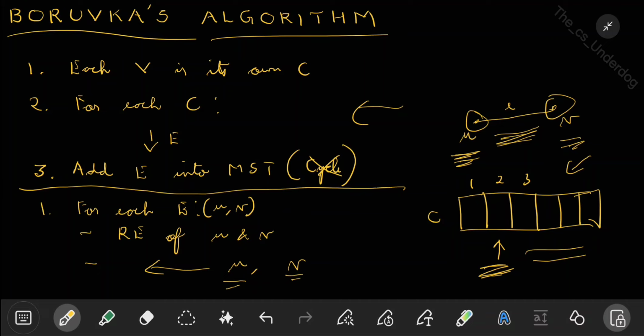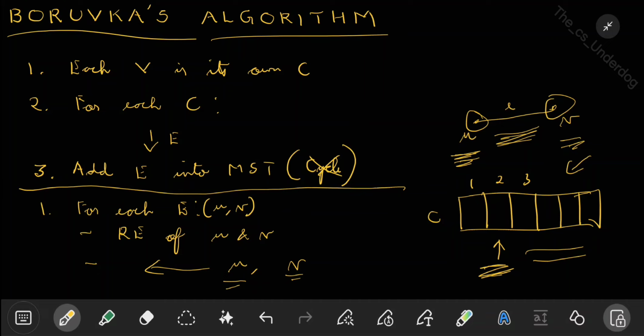What it is actually telling you is, for the component of which this vertex is a part, this is the situation. This is what it is going to tell you. Okay. So what we'll do is, let us try to do it on a graph, because then the whole logic will be clear for you.